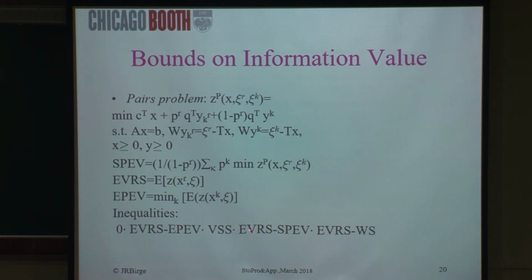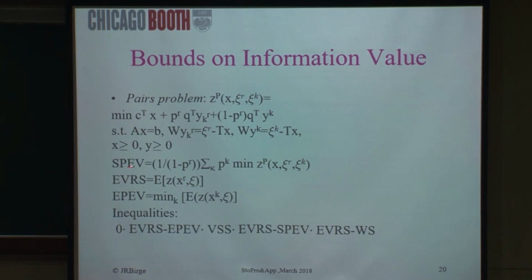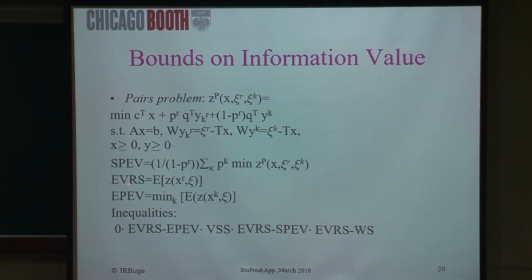So the value of the stochastic solution is less than or equal to the expected value of using the reference scenarios minus this combination of the reference scenarios. So that's some combination of the reference scenarios that goes in here. And it's always going to be bounded above by the expected value of the reference scenario minus the value if I use the reference scenarios.